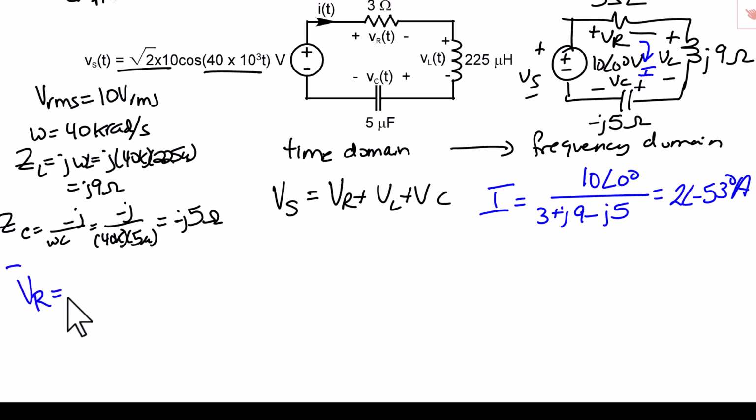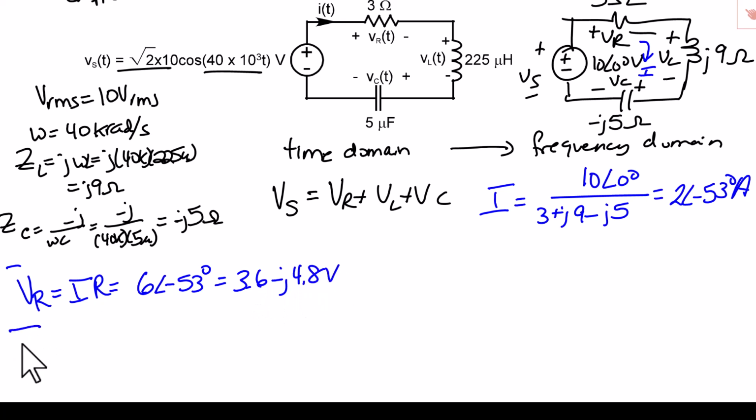So the voltage across the resistor should be 3 times I, or 6 with an angle of negative 53 degrees. In rectangular form, that would be 3.6 minus j4.8 volts. The voltage across the inductor should be I times j9.